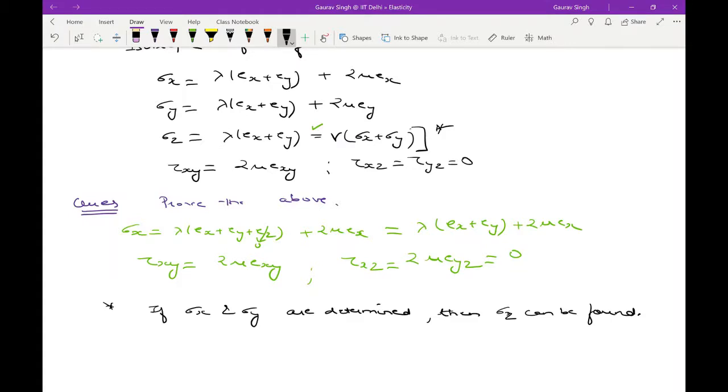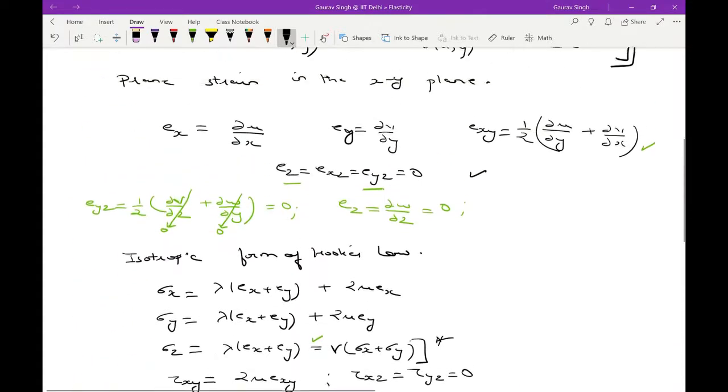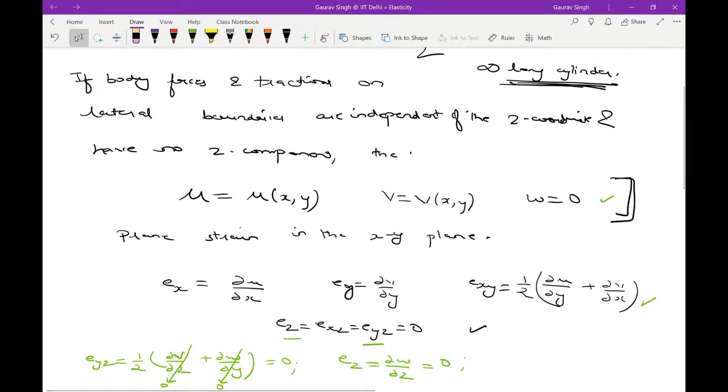Here is another thing to take. See, Ez is 0, but sigma z will not be equal to 0 generally. One of the things is this, quite important, because it somehow escapes our intuition, and this has happened again because of the way we have taken the first approximation.